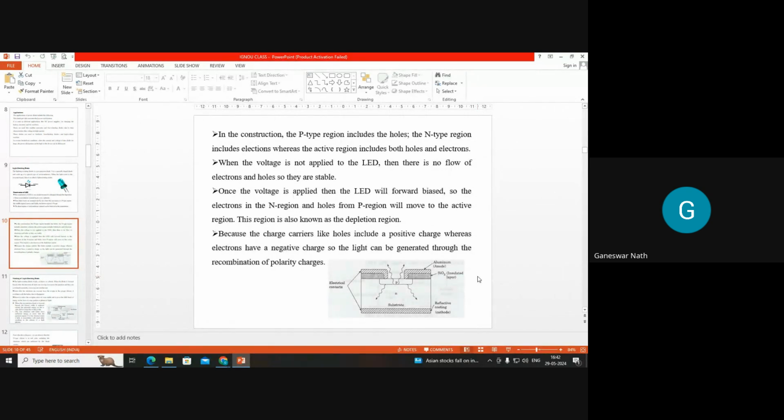That is why any instrument operated for a long time radiates heat. At the same time, some light is also emitted due to the combination of the electron and hole at the junction region. So when recombination takes place continuously, some heat is produced and also some light is produced, and on this basis the LED operates.